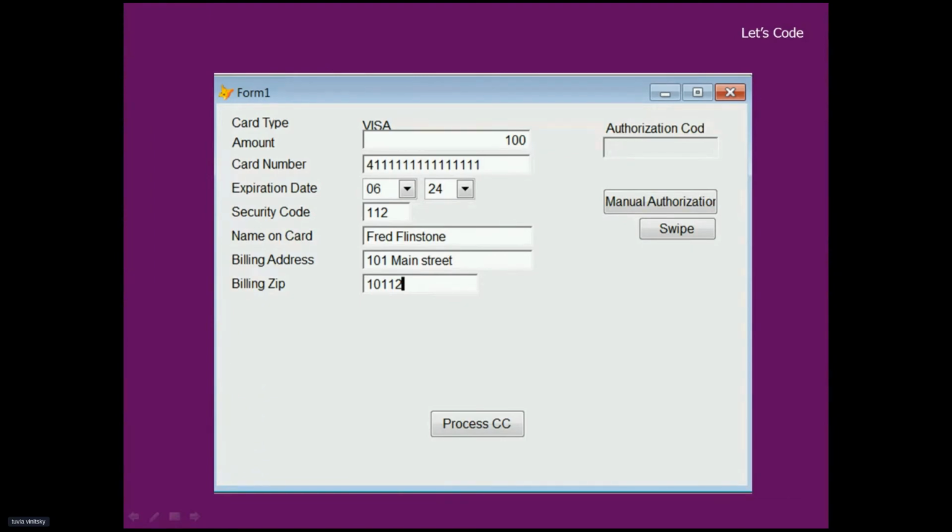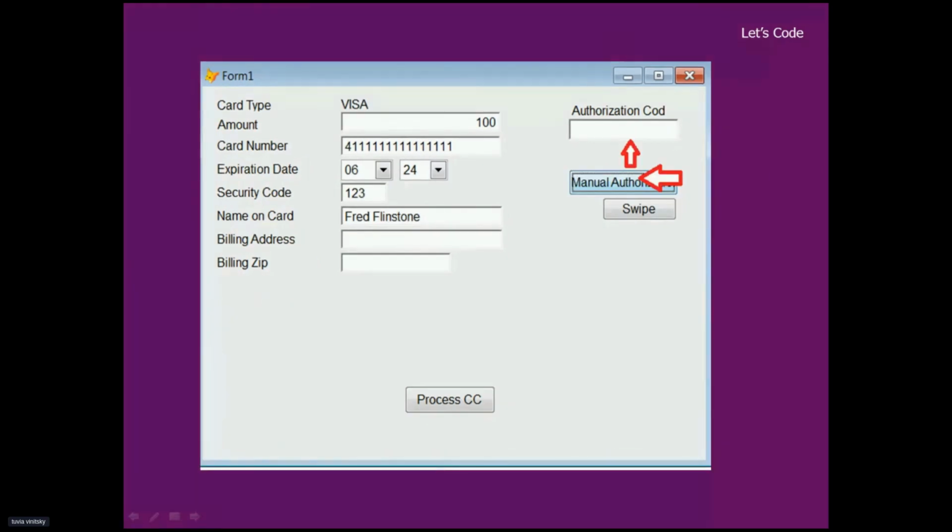But the transaction was approved. I can't run it again. What I can do is I can put it in a transaction and I enter my own approval code. And since an approval code has been entered, it will not try and send it to the gateway. That's called a manual authorization. It's not that common, but a manual authorization is a term and a concept we should know about.